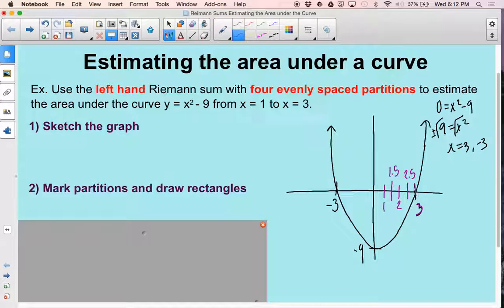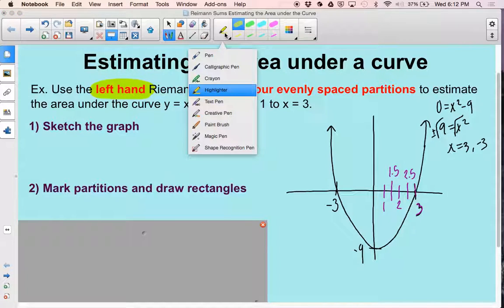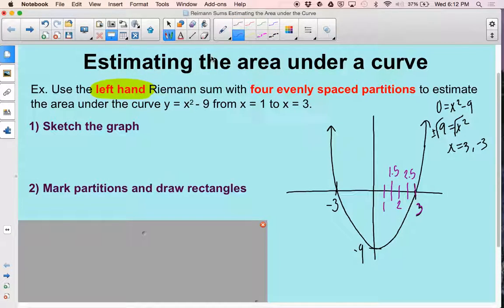Now I'm going to draw my rectangles. Because I'm doing a left-hand Riemann sum, I'm going to start on the left side. So I'm starting at 1, and I'm going to go from 1 down to the function, over and back up.